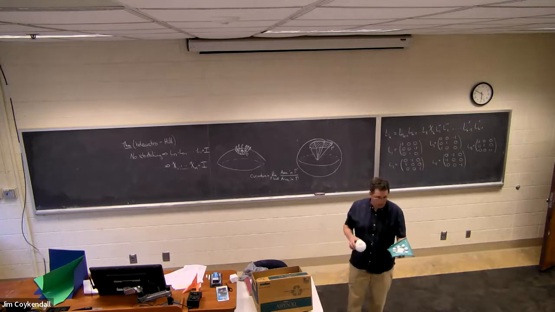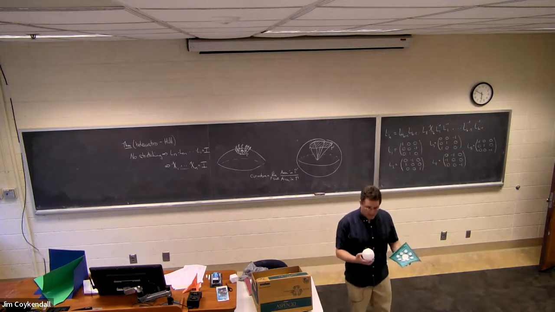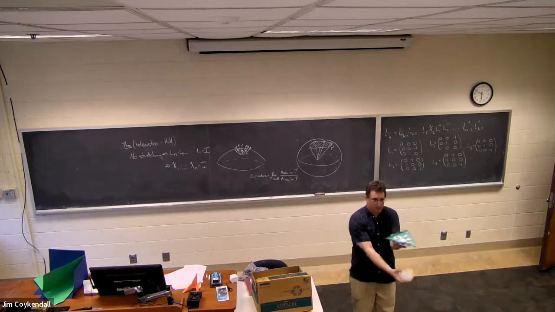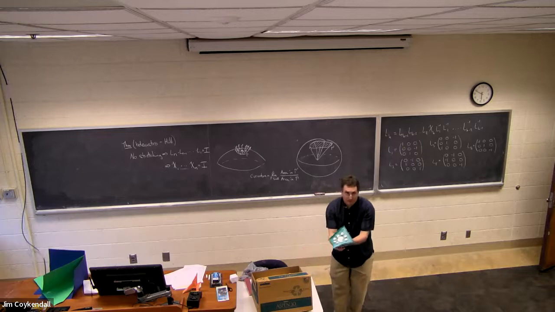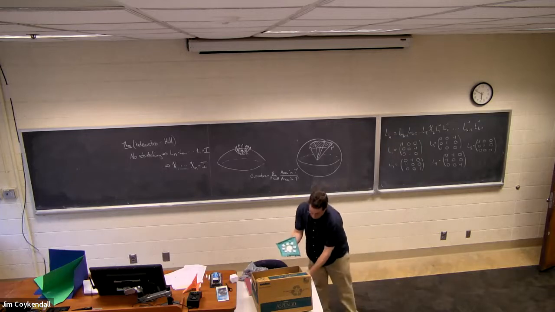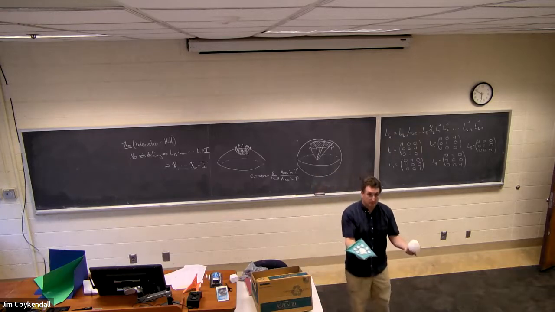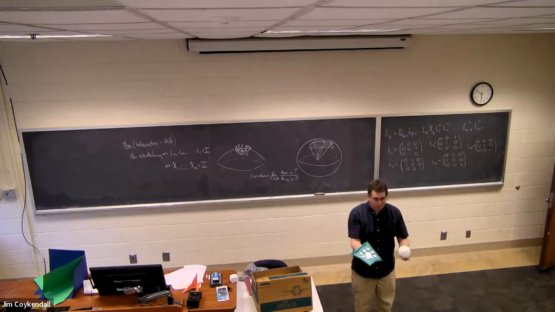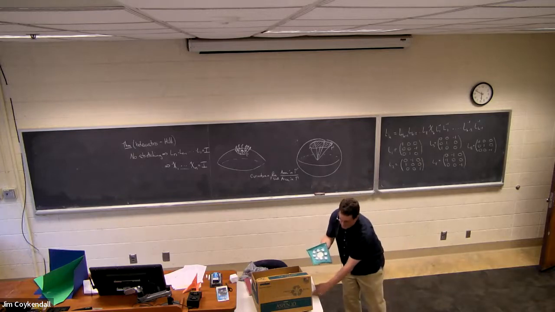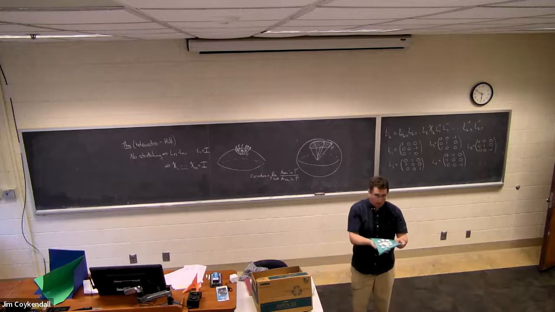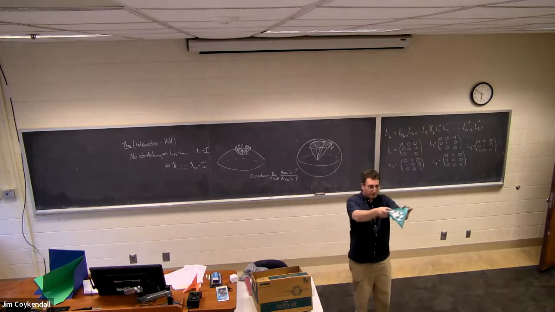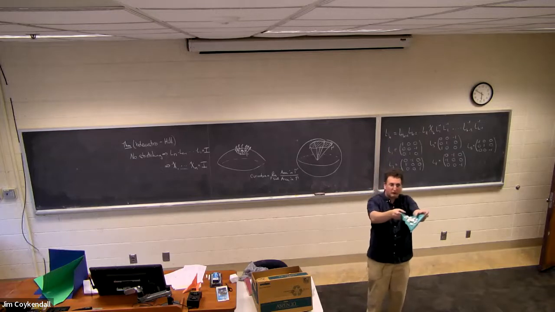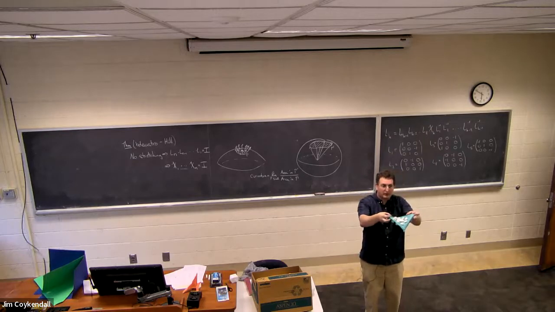But here's my surface, and here's my sphere. If I bend this a little more, this green one here is pointing inward, this purple one is pointing inward, and the other two are pointing outward. I'll pass this around in a second.